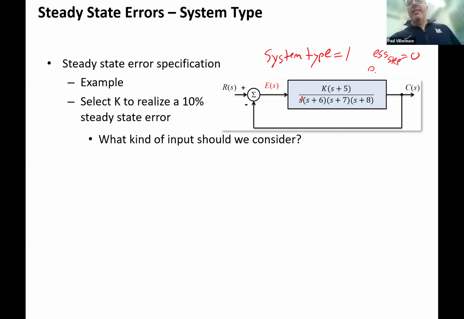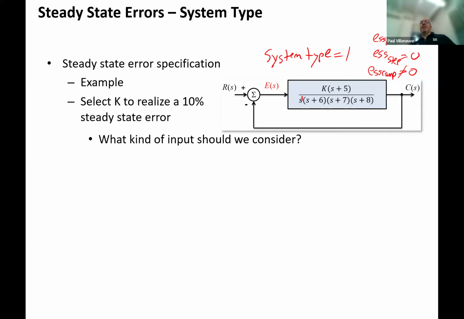For a ramp input, it's not going to be equal to 0. We know that it's going to have a fixed value. For a parabolic input, we know that it's going to be infinity.